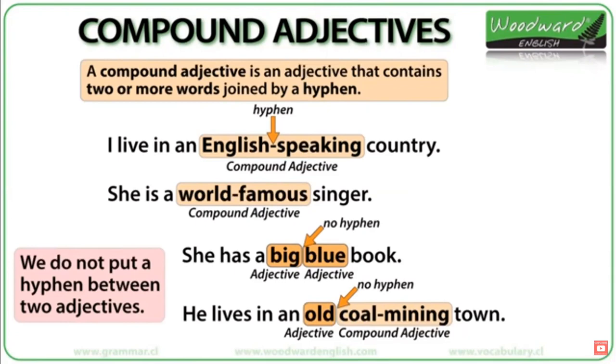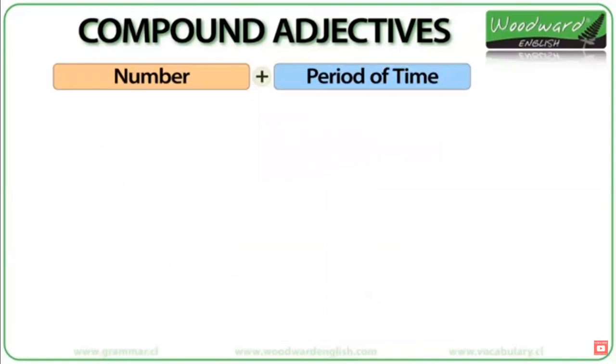So how can we make compound adjectives? Which parts of speech can be a part of a compound adjective? Here is a list of the most common types of compound adjectives. Periods of time. One very common use of compound adjectives is with periods of time.